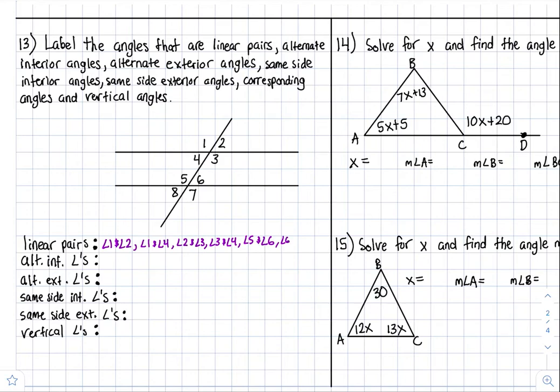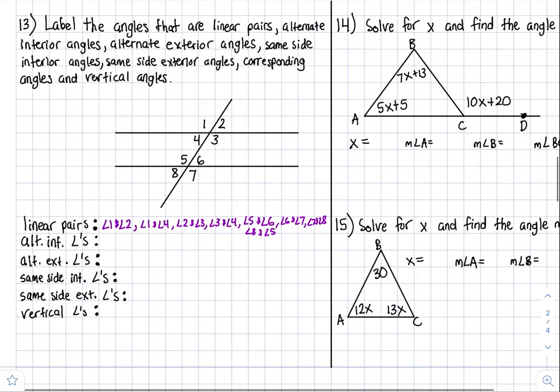Angle 6 and angle 7. Angle 7 and angle 8. And angle 8 and angle 5. So this exercise is just practicing seeing your angle relationships. Those are all our linear pairs, and remember, linear pairs are supplementary.